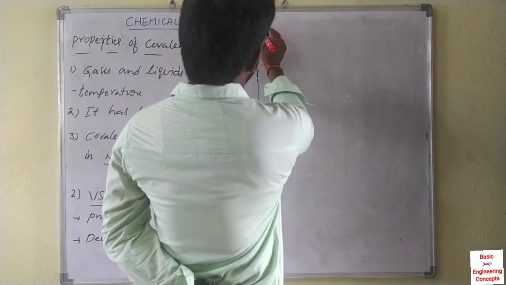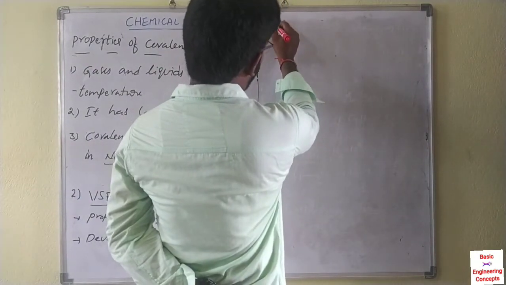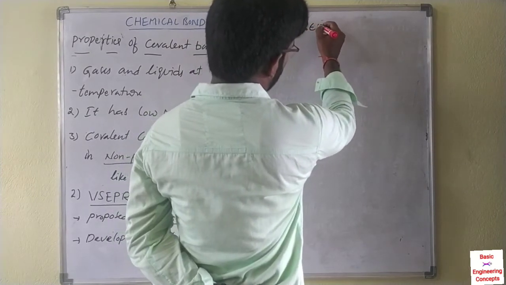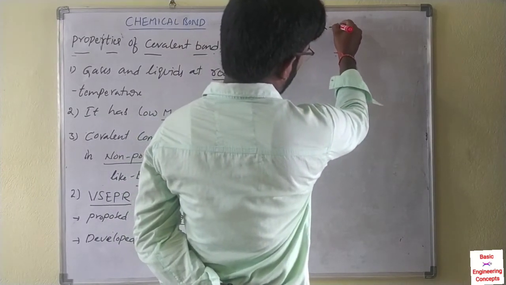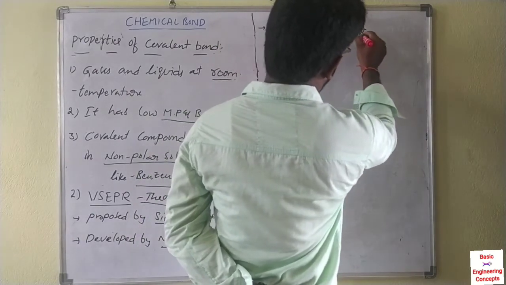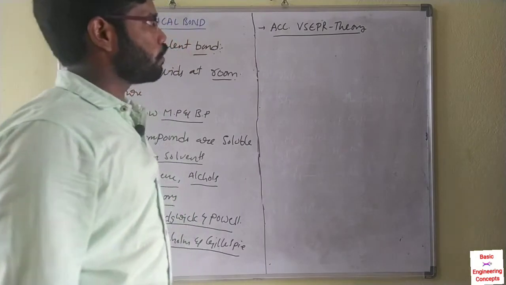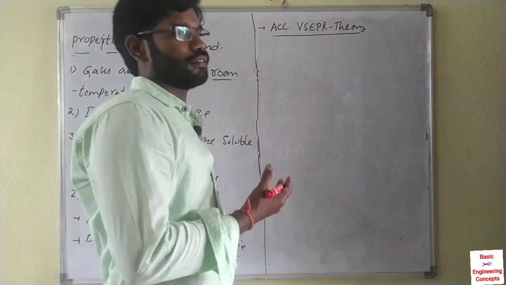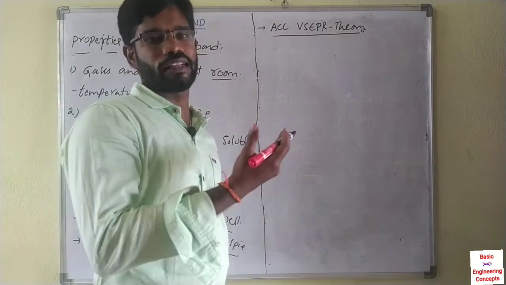So according to VSEPR theory, we find out which one is a bond pair and which one is a lone pair.